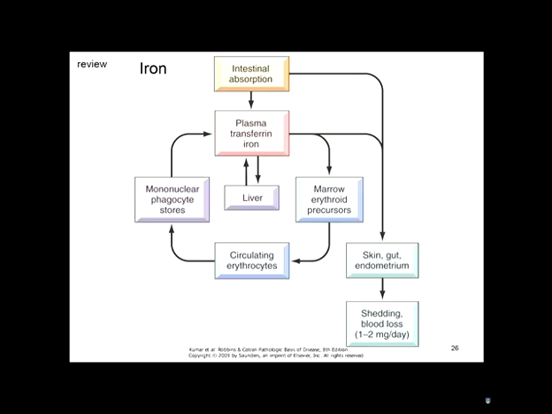Remember that was a question on your pulmonary exam? That's a very good example of what the mononuclear phagocyte system does. It stores a lot of this iron in the form of hemosiderin. But the point is that while it's trying to stay contained, there's no way to contain all of it. Eventually, some of it is lost through shedding of the cells of the skin and GI tract and endometrium and so on. Okay?